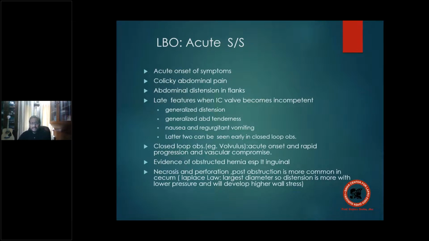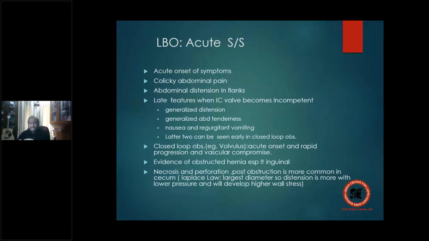Severe colicky abdominal pain, distension which starts in the flanks. Remember, as opposed to small bowel where it is a periumbilical distension, here the distension is either in the flanks or localized to one of the quadrants. If it is cecal or sigmoid, in the right lower quadrant or the left lower quadrant. Late features: when the ileocecal valve becomes incompetent, only then do you start having the periumbilical or central distension.